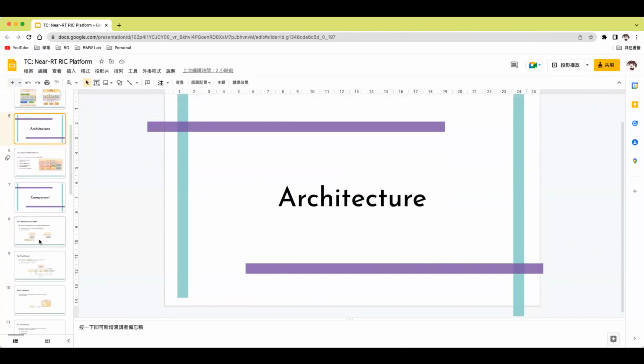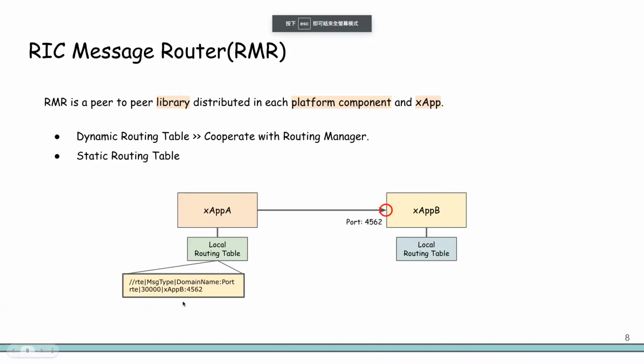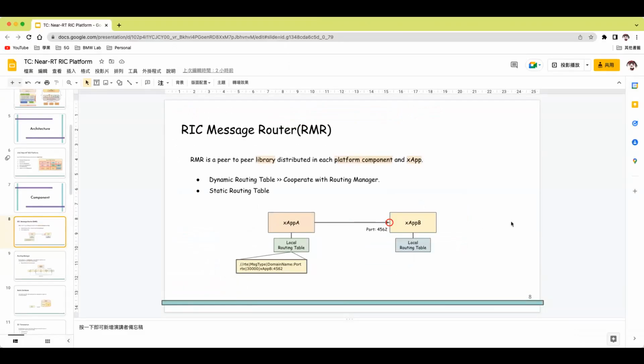Let me change it. So I just show a simple example here. The format looks like this. It begins with the route, RT, which means the route. Then it will have a message type. Okay, thank you, it's a good question.